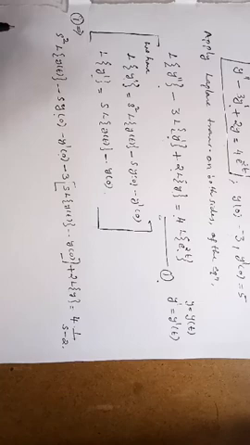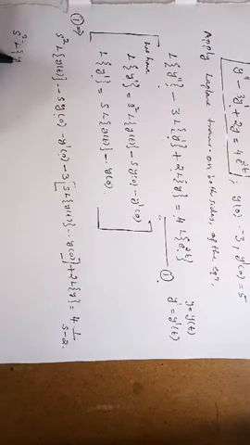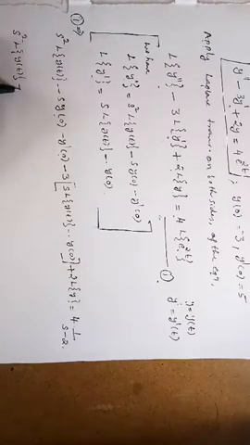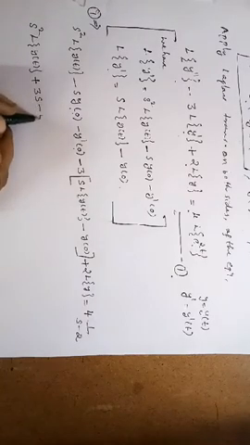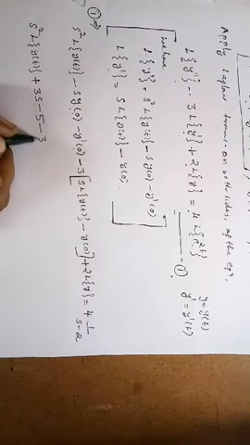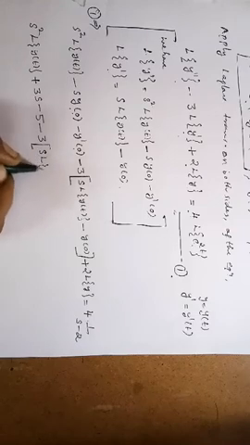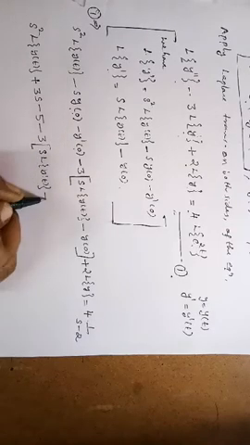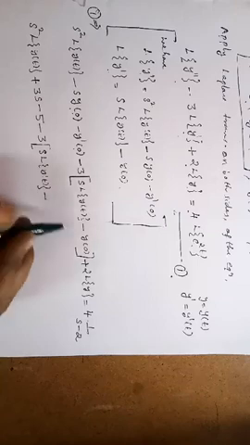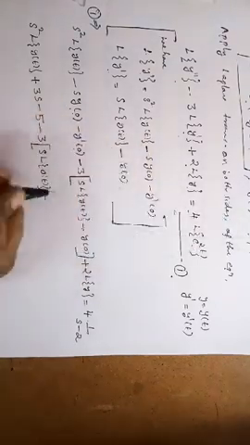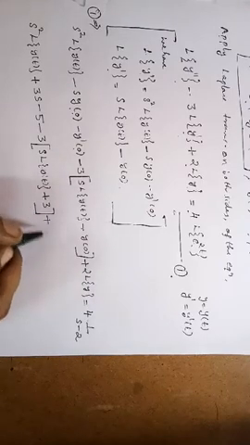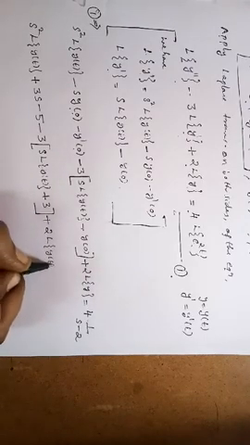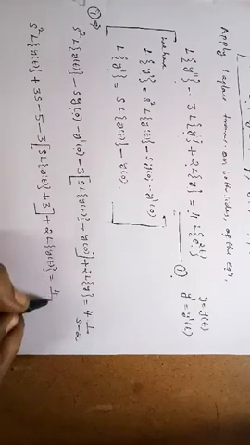So s square L of y of t minus s into y of 0, plus 3s minus y dash of 0, that is minus 5, minus 3 into s into L of y of t minus y of 0, minus, plus, it becomes plus 3, plus 2 into L of y of t is equal to 4 by s minus 2.